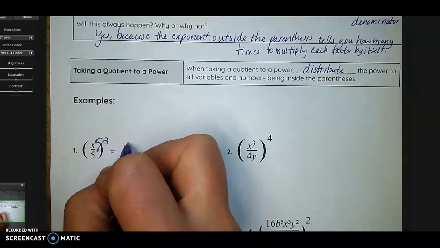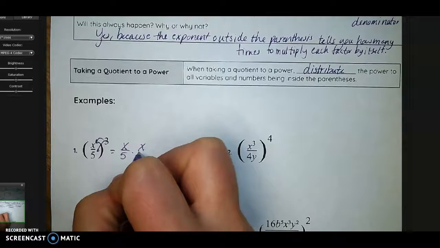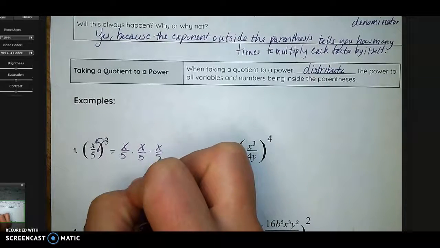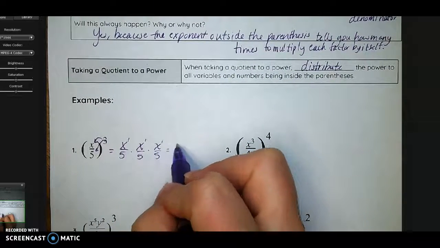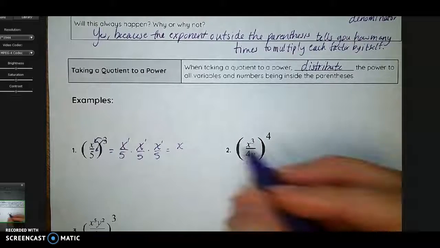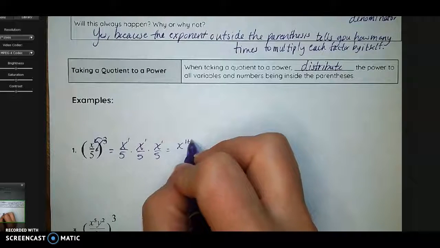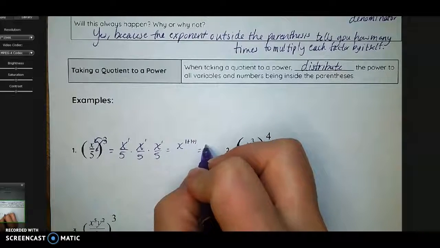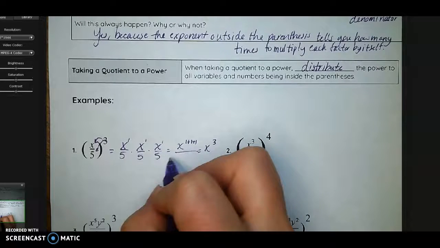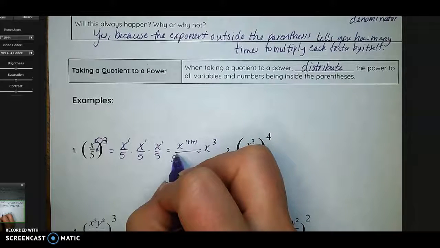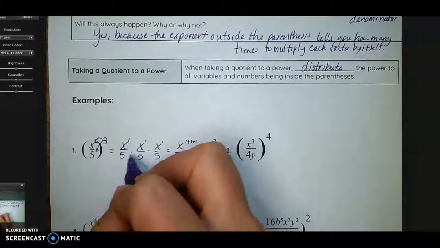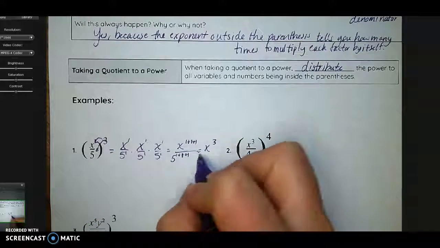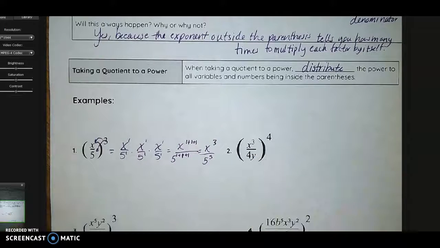So this would be like x over 5 times x over 5 times x over 5. There would be 1s there, so it would be like 1 plus 1 plus 1, which is x to the third. And on the bottom, it's like I have 5 to the 1 plus 1 plus 1, because there are 1s there that we just don't write. And so that's 5 to the third power.